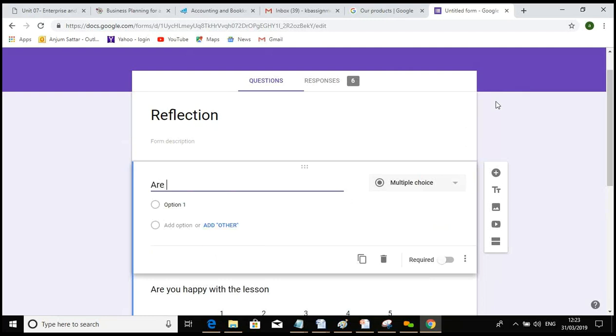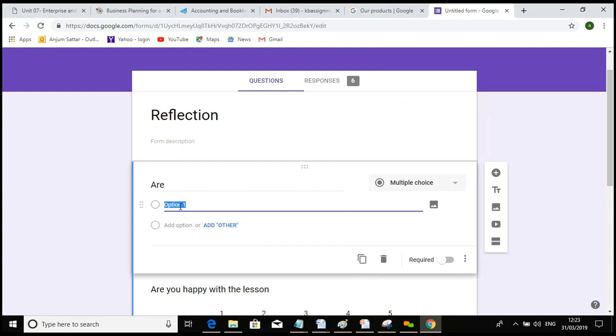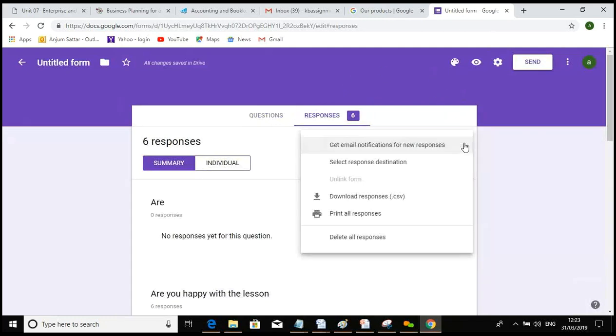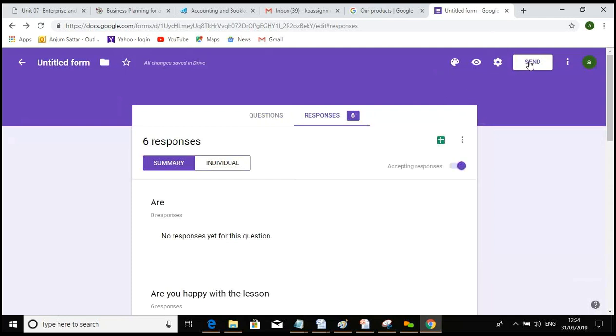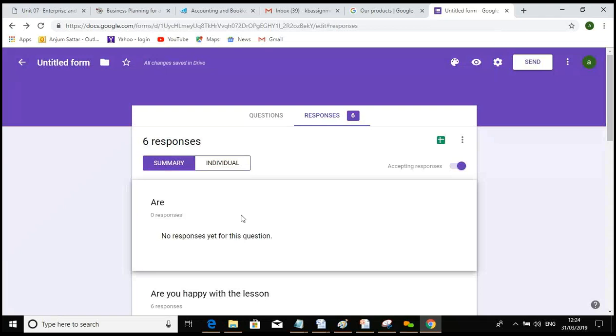You can pick multiple choice or Likert scales, these boxes, and you say yes or no. When you have prepared everything, you can share this and send it to anyone. If I want to send this, I can type my client's email there. I can send this form, they get the form and can answer. When they answer, all responses will be recorded here.